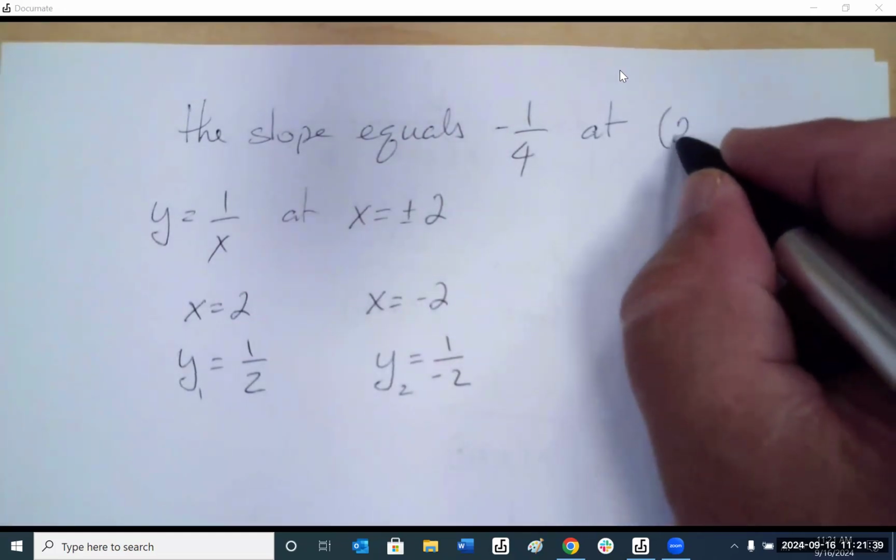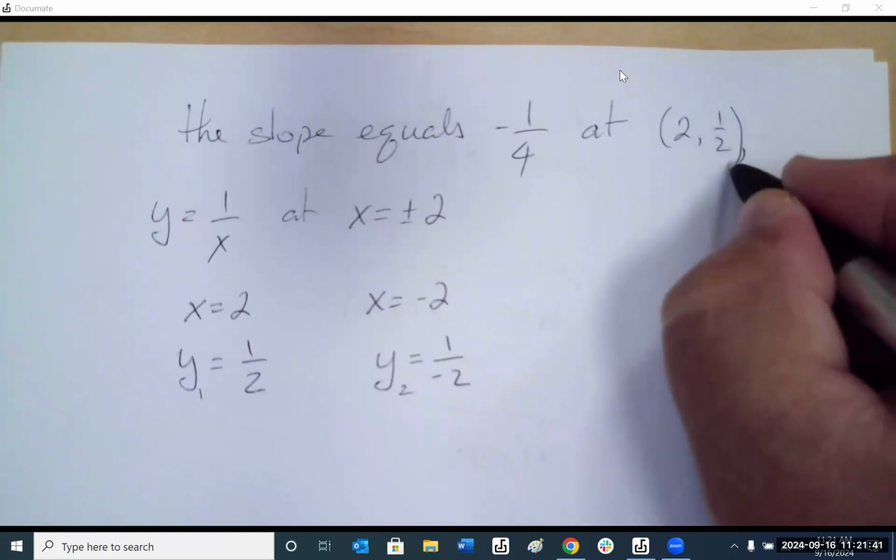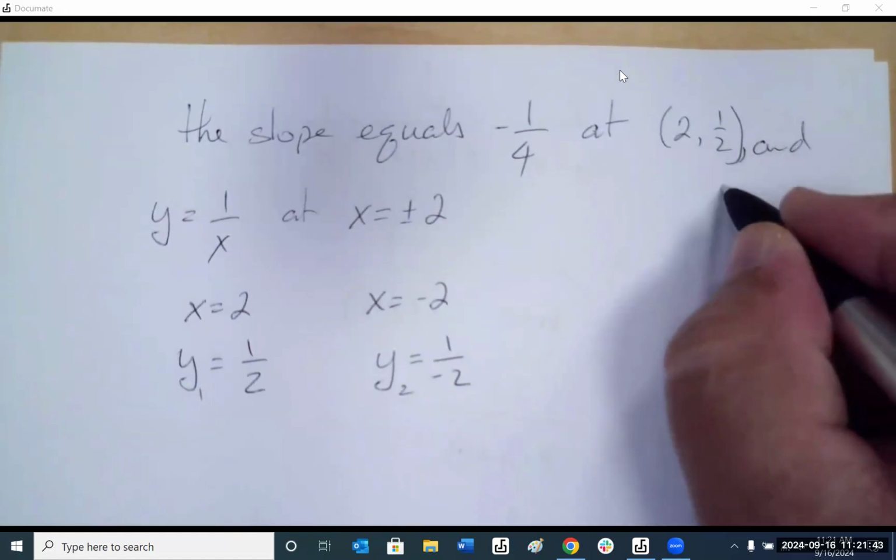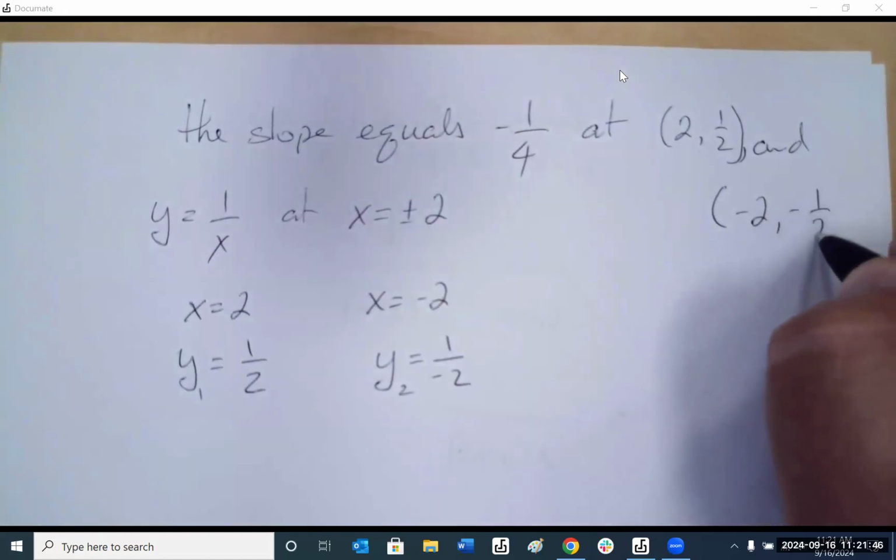So they are at 2, 1/2 and negative 2, negative 1/2.